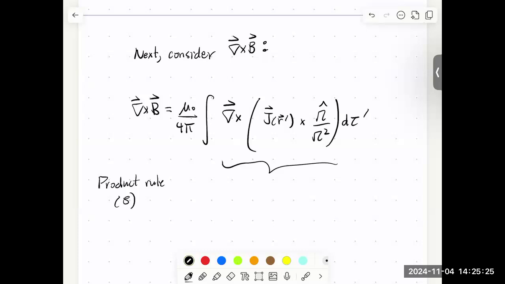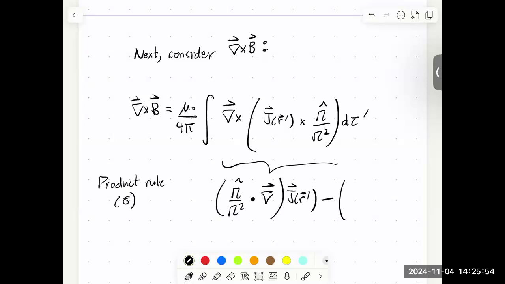All right, and if we look it up, what we're going to find is the following. We'll get the second vector, which is our script r vector, dotted with the following. So there's the del operator, and then that's acting on our current density.